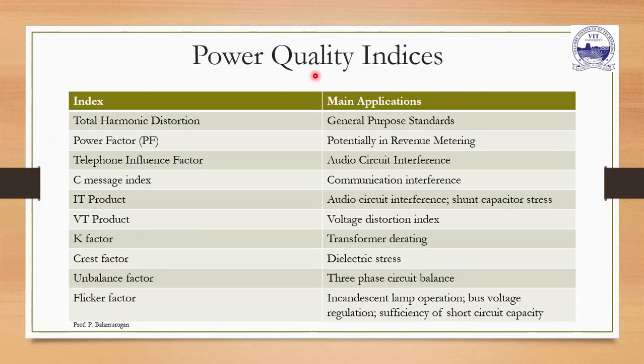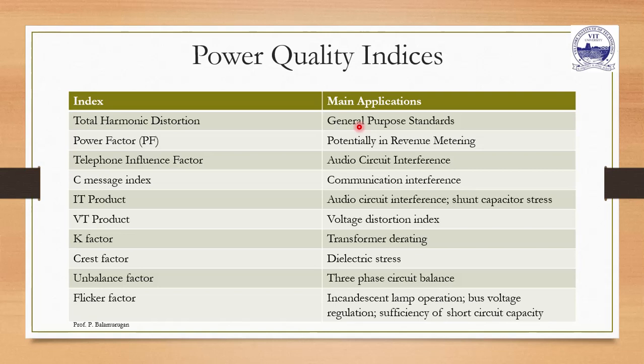Let us see the main application of these indices on the system performance. Total harmonic distortion is used for general purpose standards, and it is a very commonly used index to measure the impact produced by a nonlinear load on the system. As per the guidelines, the THD of current or voltage in any system must be less than 5%. Power factor is potentially used in revenue metering.